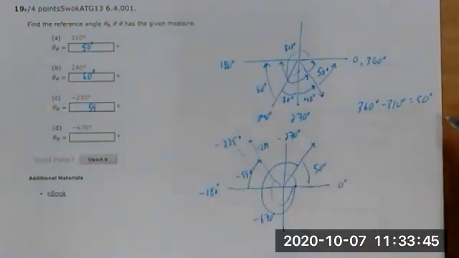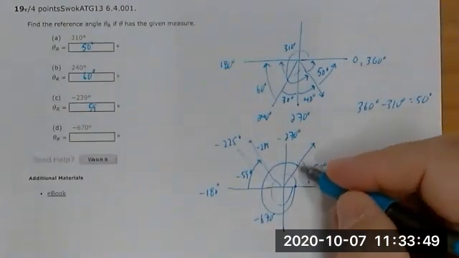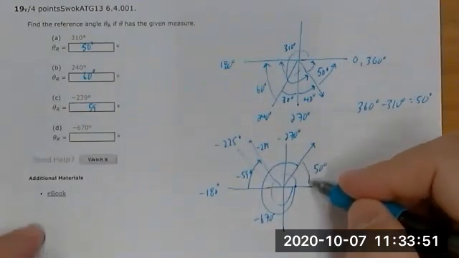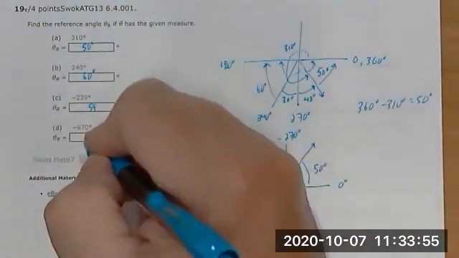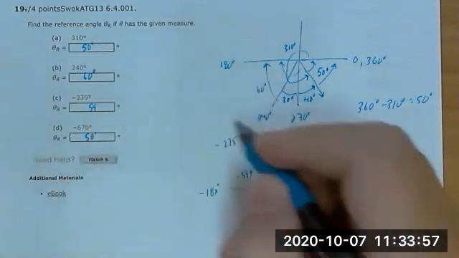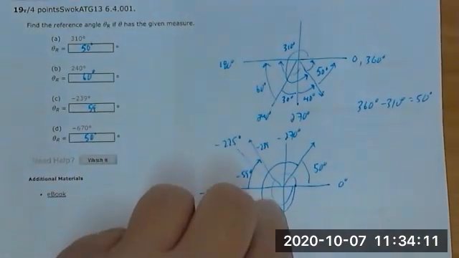And I know that's 50 degrees. Because all the way here would be negative 720, but I'm actually at negative 670, so I stopped 50 degrees short, which means that's my reference angle. So let me check my answers, and those all look correct. All right, let's see what's next.